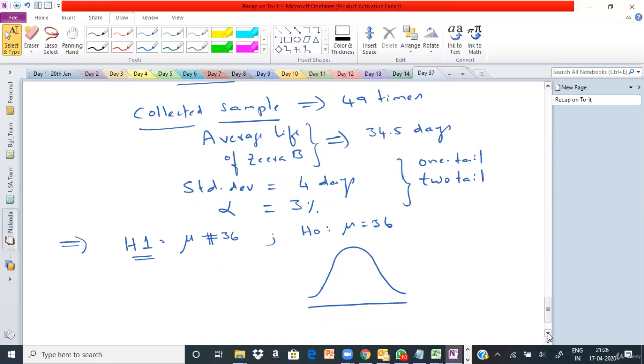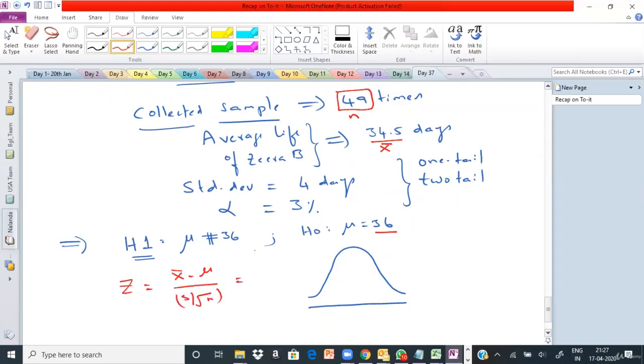What is n here? This is your n. This is your sample. What is your x bar? This is your x bar. What is your mu? This is your mu. So I want to calculate my Z. Z is x bar minus mu divided by s over square root of n.